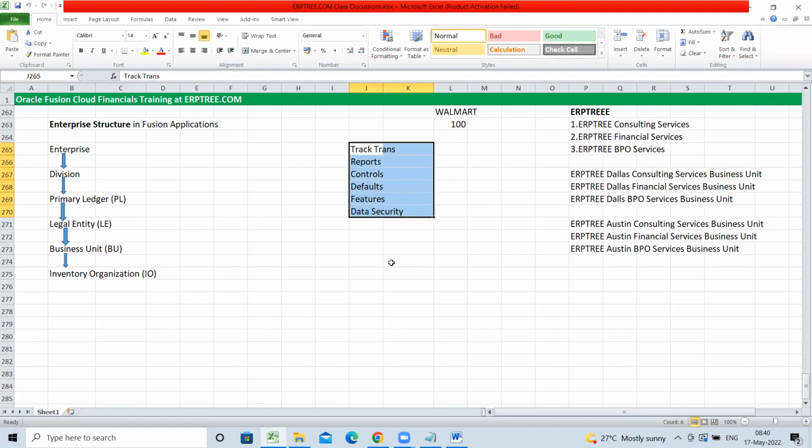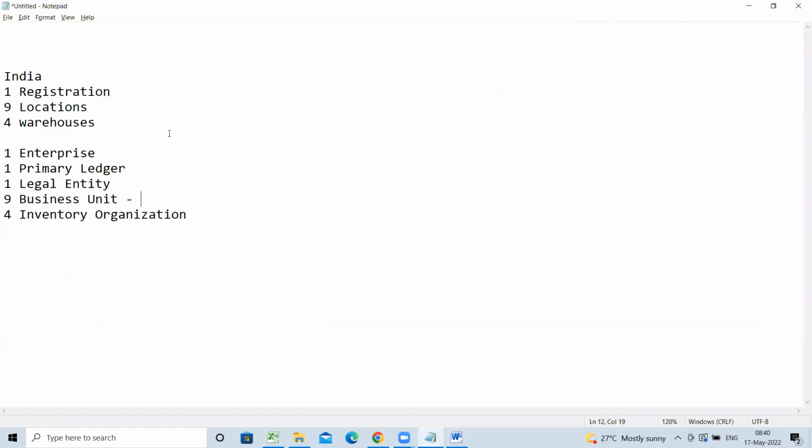You can track the transactions separately. You can generate the reports. You can set controls, defaults, and the features enabling, disabling, and data security you can maintain at the 18 BU level. But here, by taking this example, 9 BUs and 2 divisions you are saying.